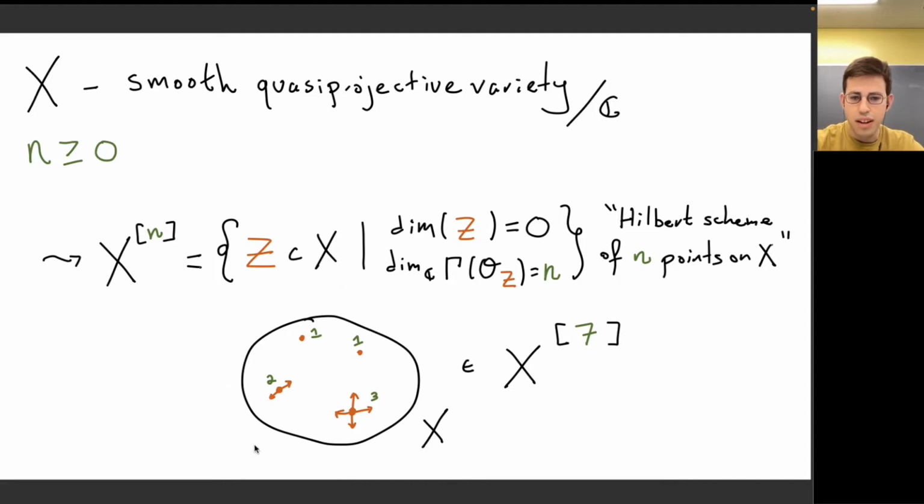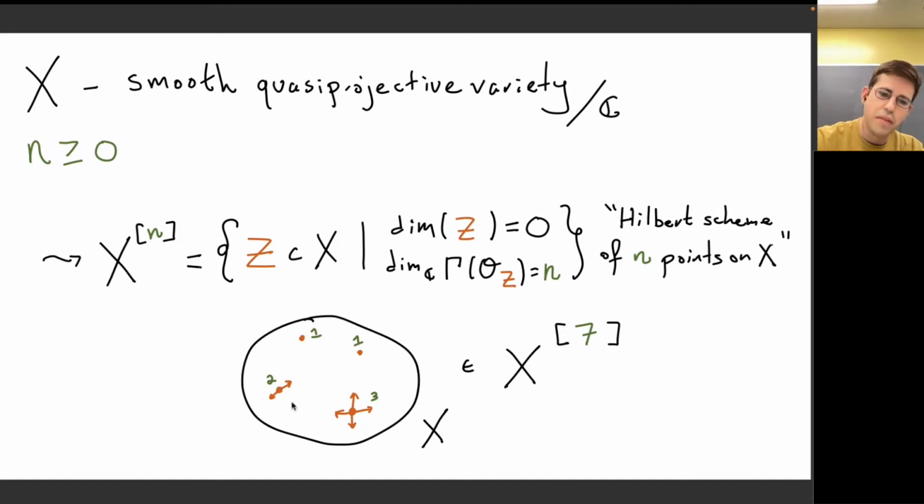So I've drawn an example down here. This big blob is my scheme X, and I've marked some subscheme. So there's a few points, these upper 2 points. They're just points of length 1. The support of this subscheme at these points is one-dimensional, or it's just 1, sorry. And at these other 2 points of the support, there's some kind of thickness. There's some non-reduced structure.